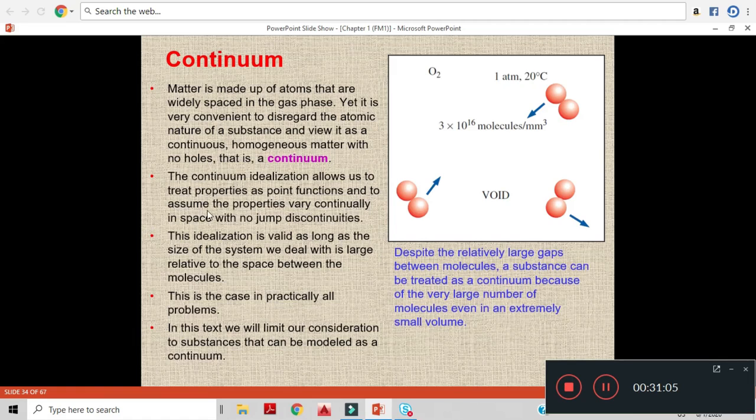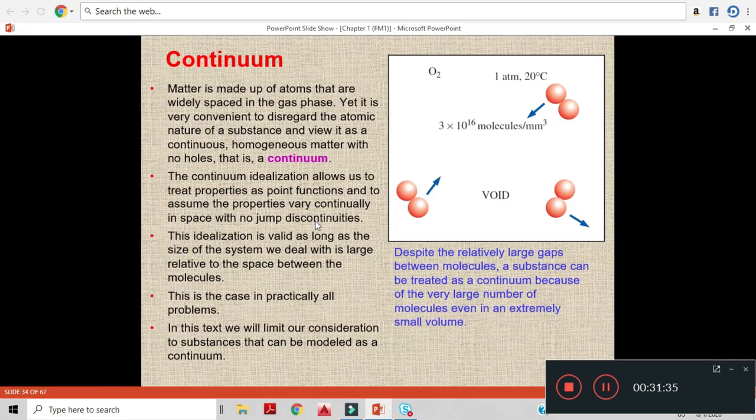So by using this assumption that all substances are homogeneous and continuous, as a continuum, what is the benefit of it? It allows us to treat properties as a point function and to assume the properties vary continuously in space with no jump discontinuities.